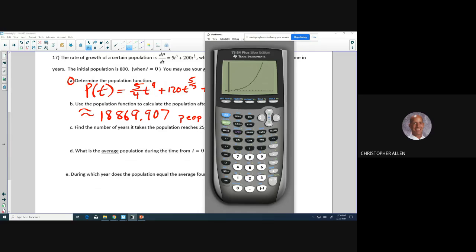So how can we figure that out exactly? In Y2, I'm just going to put 25,000. Remember, Y is the population, and we want to know when the population is 25,000. Now to find my answer, and this is review from algebra 2, I just figure out where these two curves intersect.